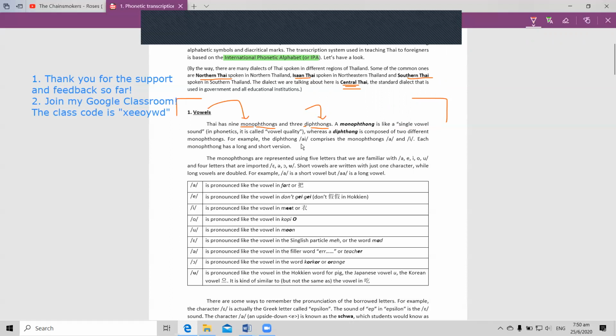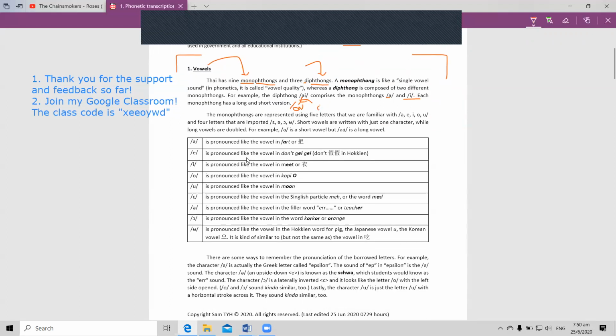For example, this vowel here is a diphthong. It is composed of the monophthong A and the monophthong E. Okay, A and E. So Central Thai has 9 monophthongs.